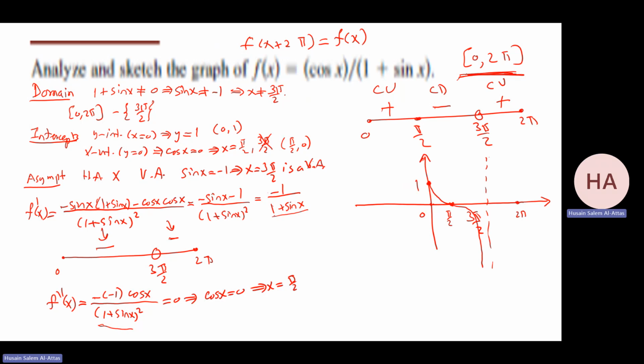After that, it's decreasing between 3 pi over 2 and 2 pi, but concave up. So it will do something like this. It will reach this. Then it will continue.